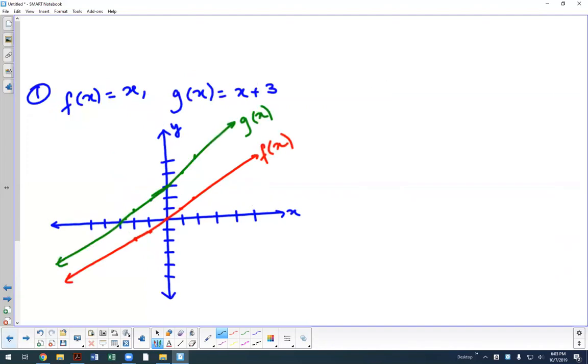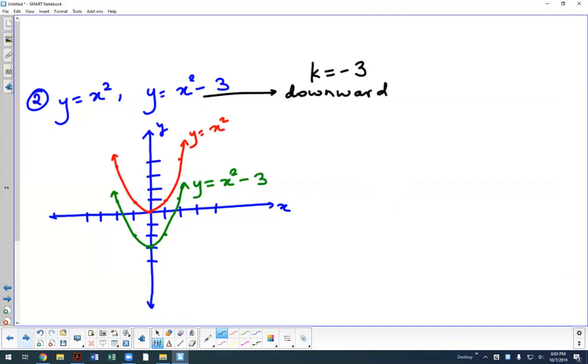Just like in the previous example, it was this +3, which was making our graph go up, because there our k value was +3. In this case, k value is -3. So like I was telling you before, k is straightforward. Plus, go up, minus goes down.